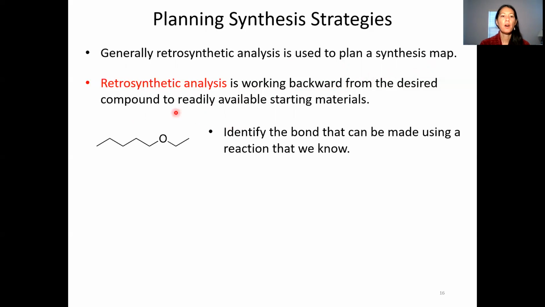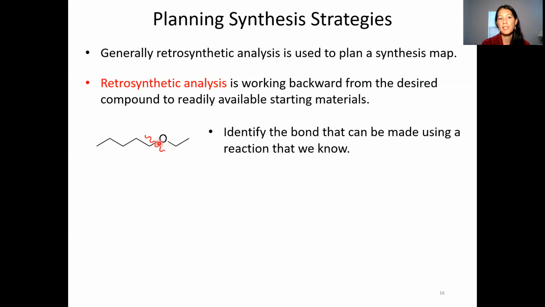So first of all, the one thing that you want to do is identify a bond that could be made using reactions you know. So if you wanted to make an ether, you could disconnect this near the oxygen, either here on the left or the right, because you know you can create an OC bond by taking an O- and adding into an alkyl halide.